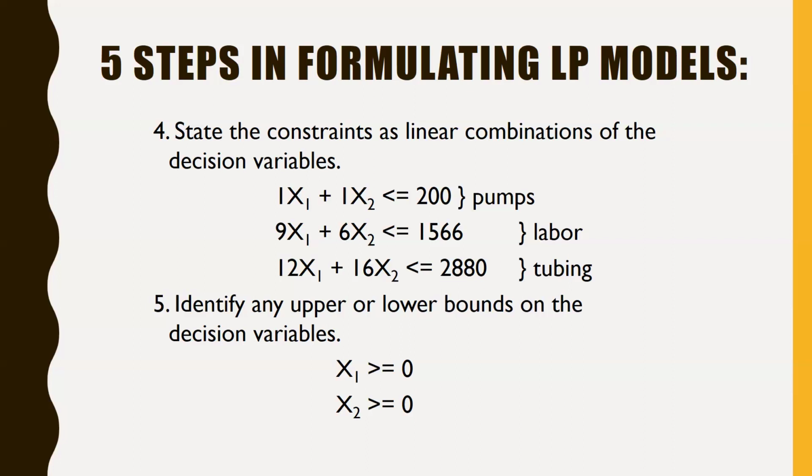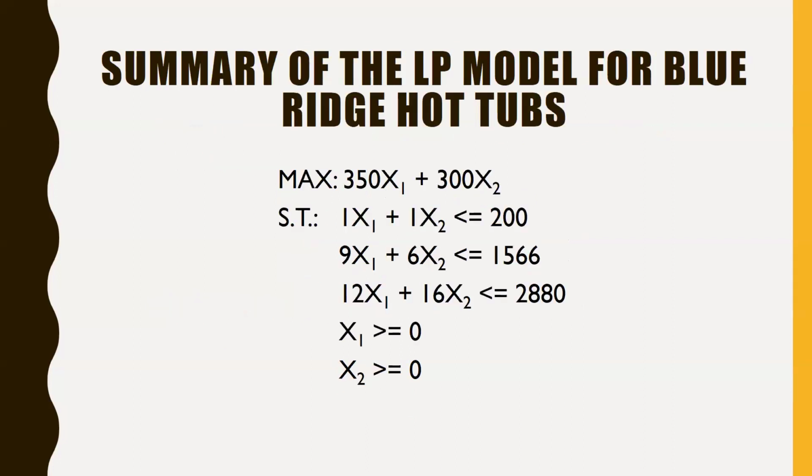Summarizing, we have the objective, subject to the constraints. We would like to optimize based on 5 conditions and solve for X1 and X2. X1 is the number of apostrophes you would like to produce, X2 is the number of hydraulics you would like to produce.